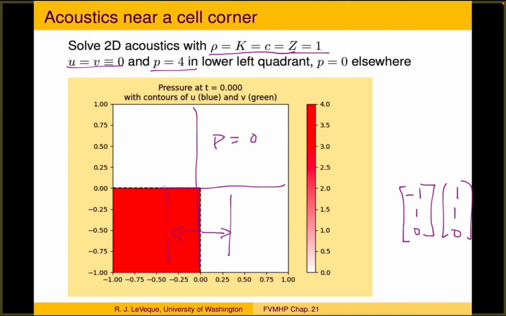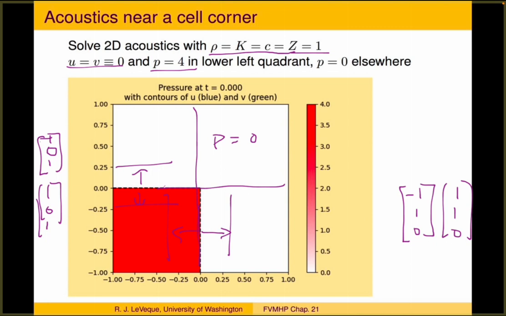On the other hand, in the y direction, we have waves that are going upward and downward, and the corresponding eigenvectors now have jumps in v but not in u, so the eigenvectors are like minus 1, 0, 1, and 1, 0, 1.